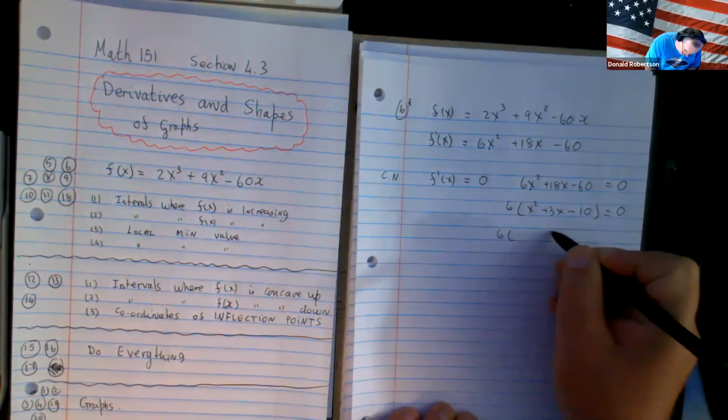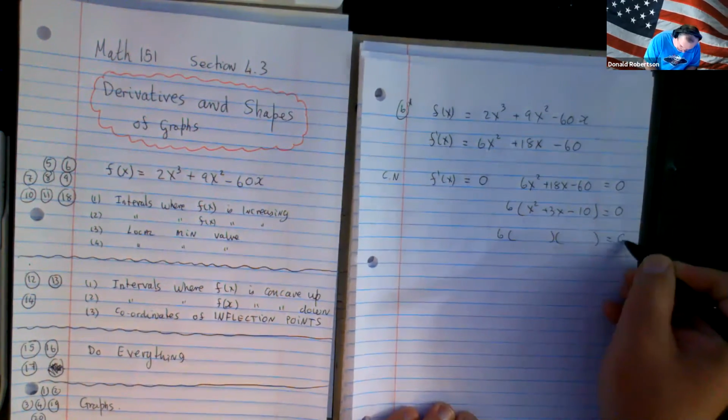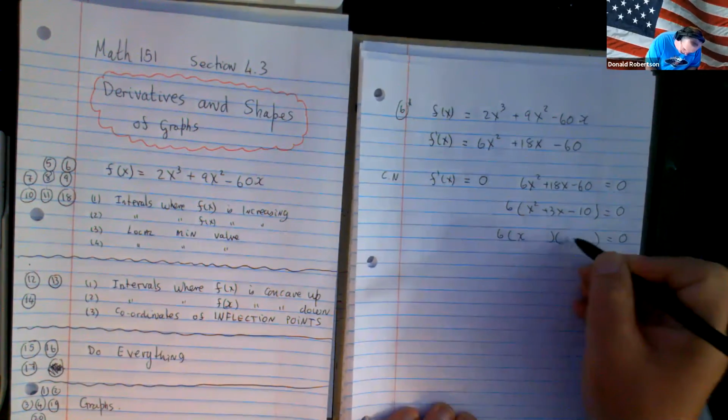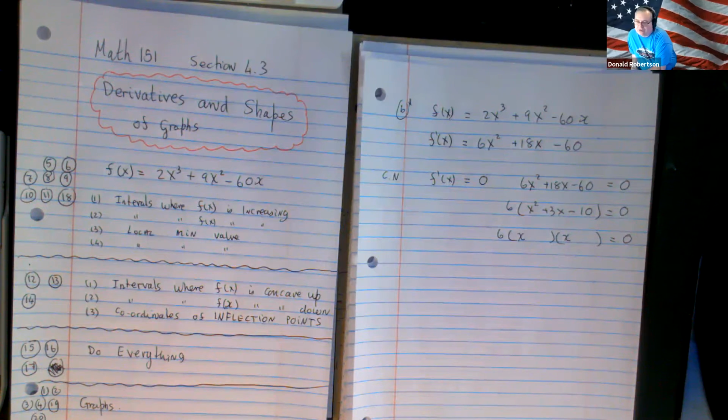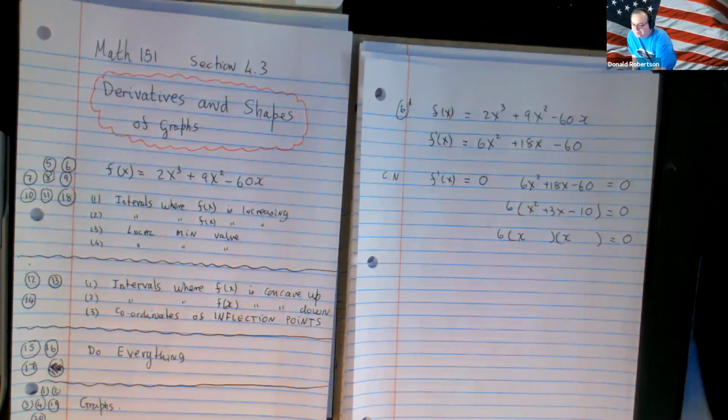Because what that tends to mean is that the question becomes much easier to factor, doesn't it? Factoring quadratics is not a skill that's going to disappear in calc. You're going to do it forever. So factor that for me: 5 and -2.